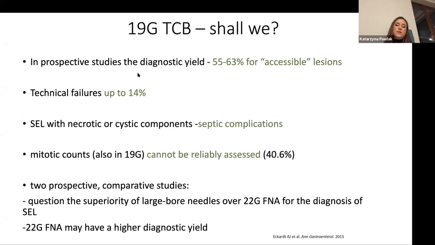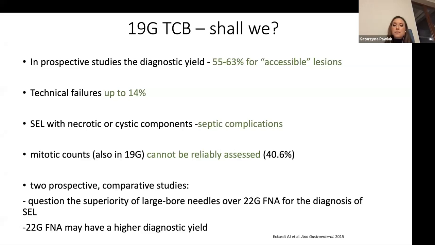And sometimes in some current publications you can see the question whether the 19-gauge needle or even true-cut biopsy should be used for subepithelial lesions. In prospective studies, the diagnostic yield for this type of needles was about 63% for accessible lesions only, with technical failures up to 14%.